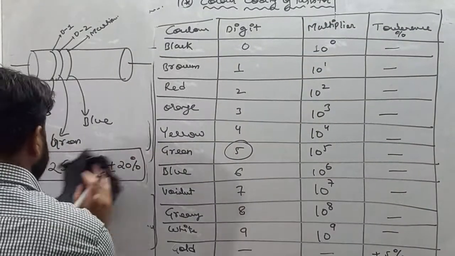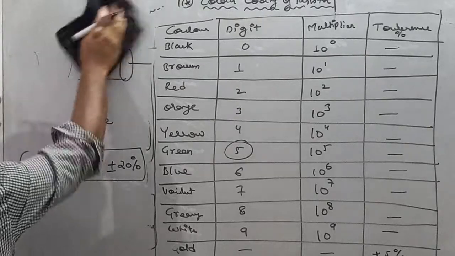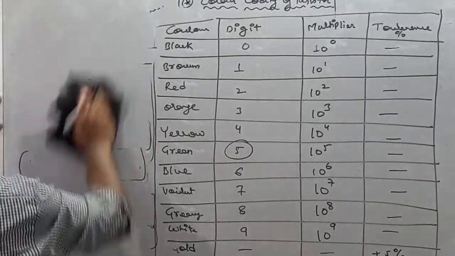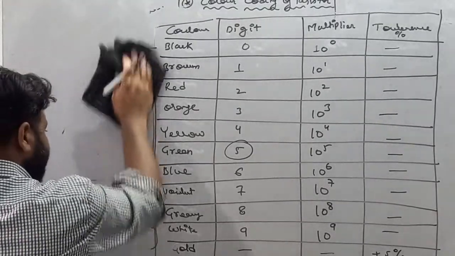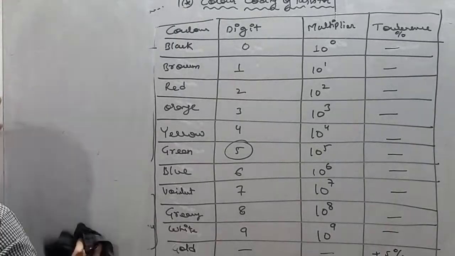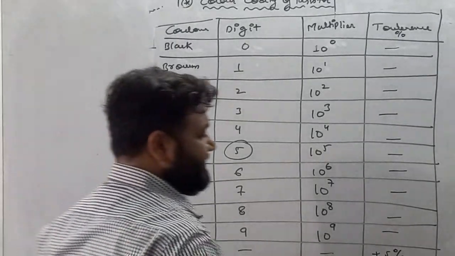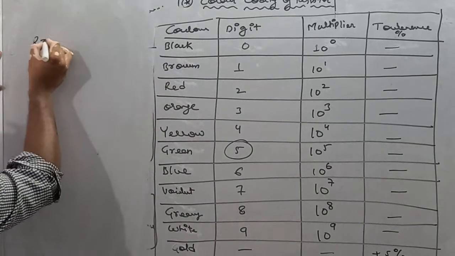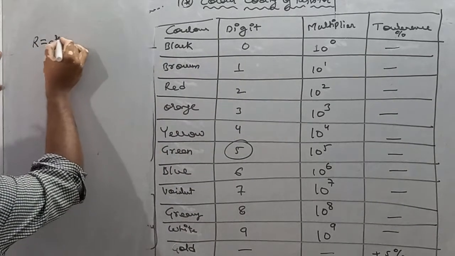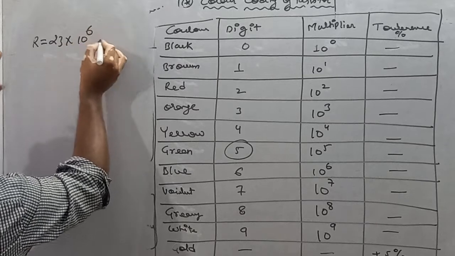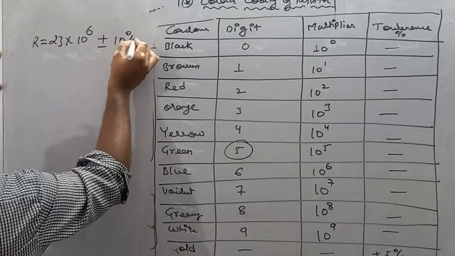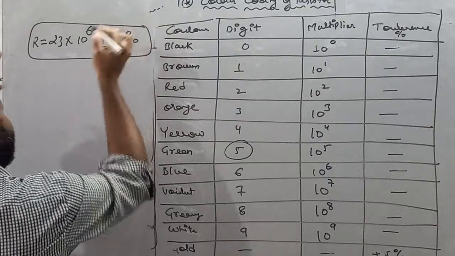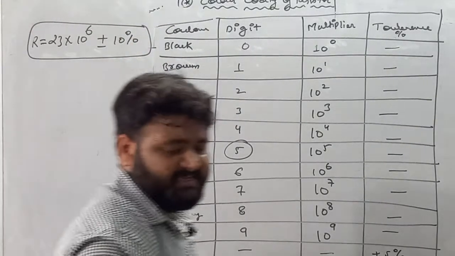Now see, my dear students, sometimes the question asks in the reverse method, as in the question they say, if the resistance of a resistor is, let's suppose, 23 into 10 raised to power 6 plus minus 10%, draw the color code.